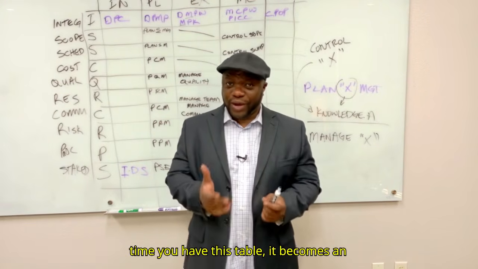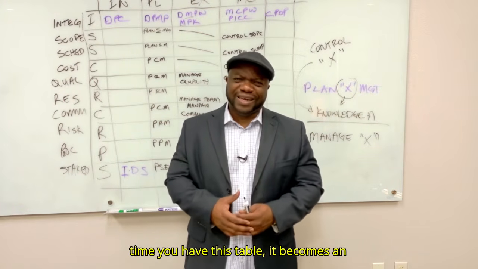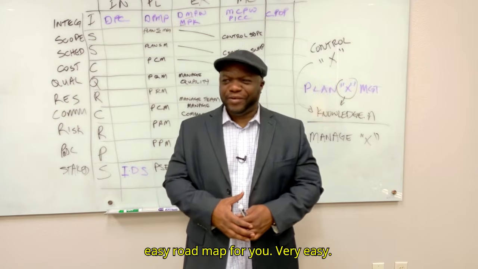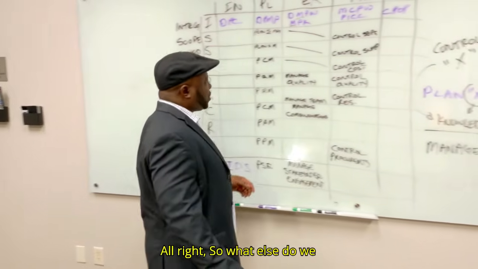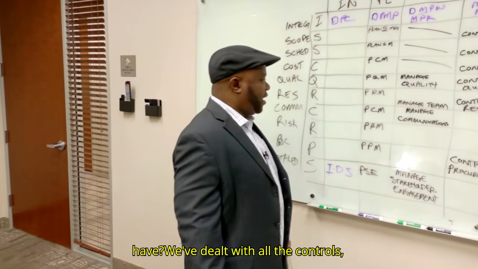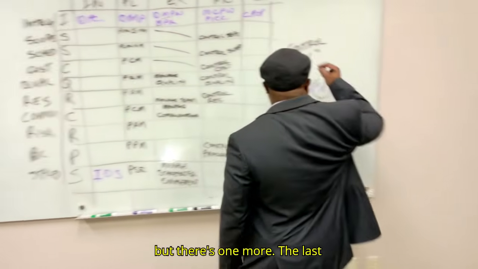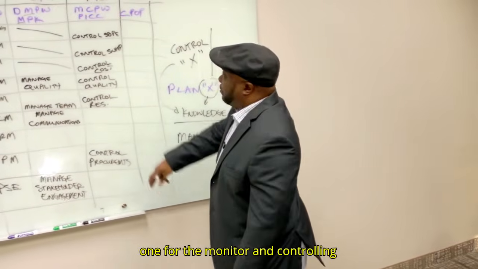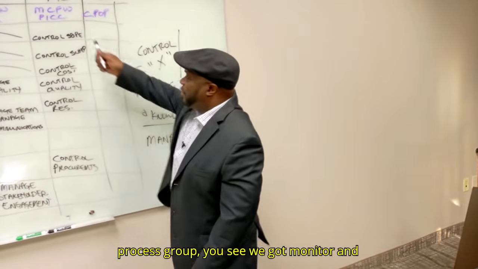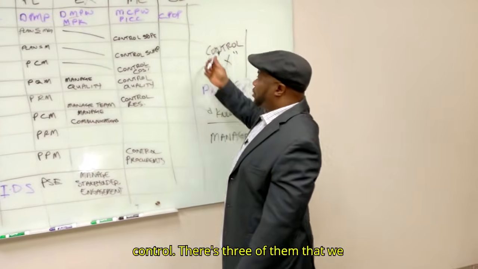By the time you have this table, it becomes an easy roadmap for you. Very easy. All right. So what else do we have? We've dealt with all the controls, but there's one more. The last one for the monitor and controlling process group, you see we got monitor and control.